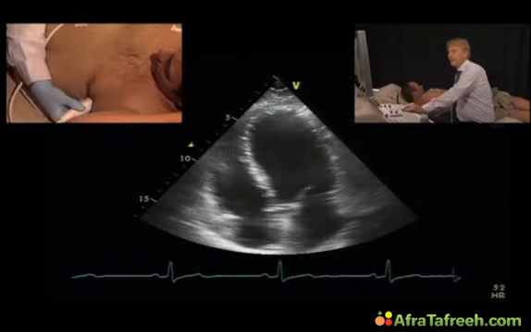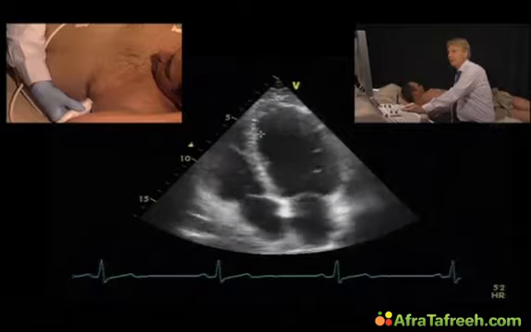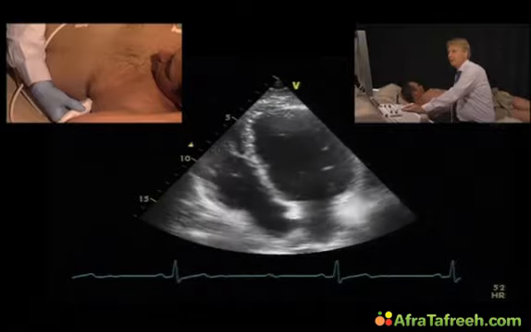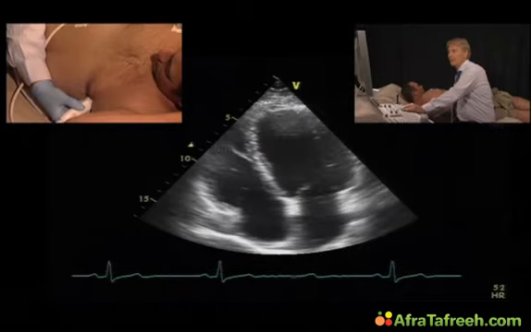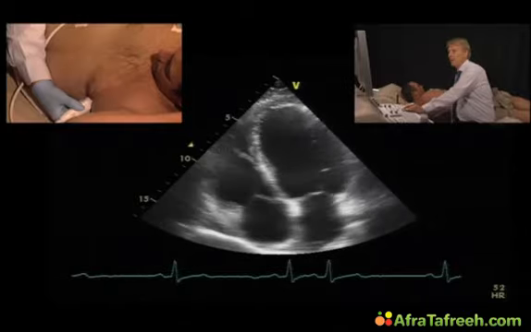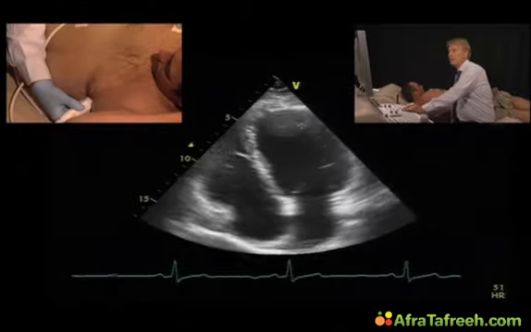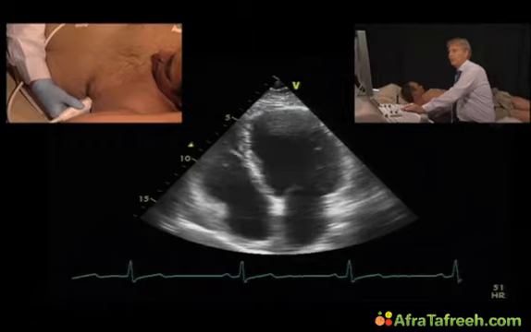If we look exactly, we can see that we have a wall motion abnormality here, hypokinesia and some degree of akinesia here in the apex. So this would be an apical infarct, a scar, with the distal septum and the distal lateral wall involved.